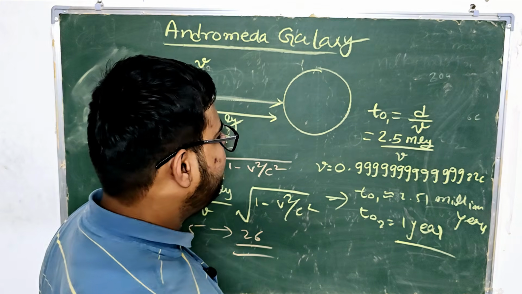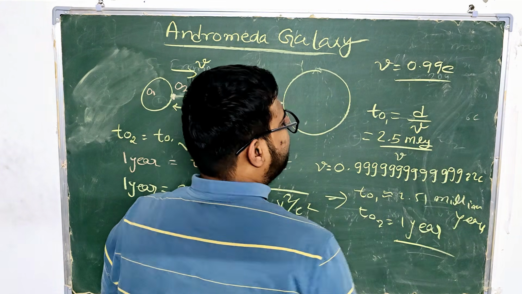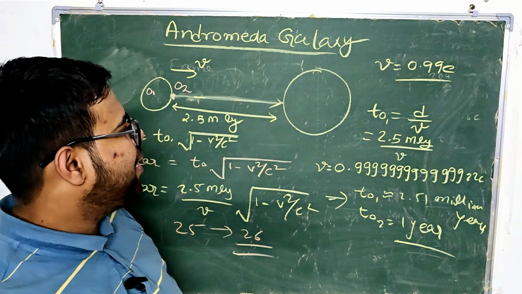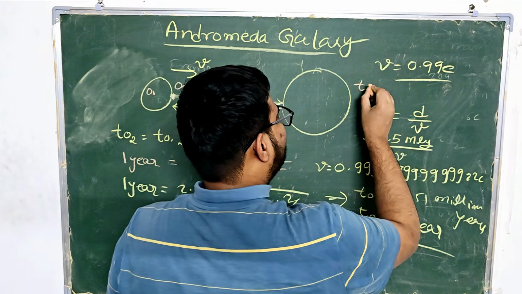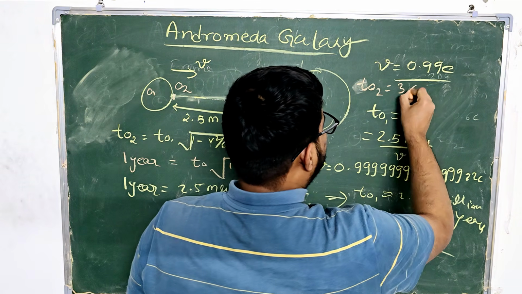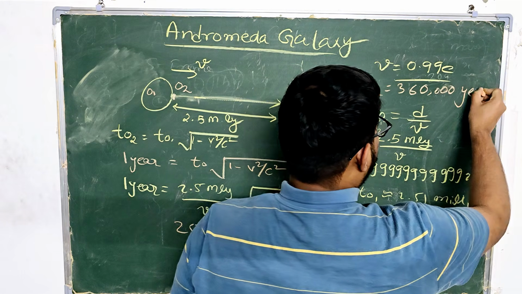So you can ask me, what if I assume my velocity is 0.99 c, 99% the speed of light? This is also very close to the speed of light. No. Why? Because when you calculate the time for me, it will be 360,000 years over here.